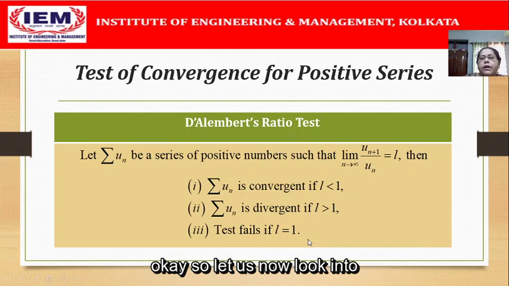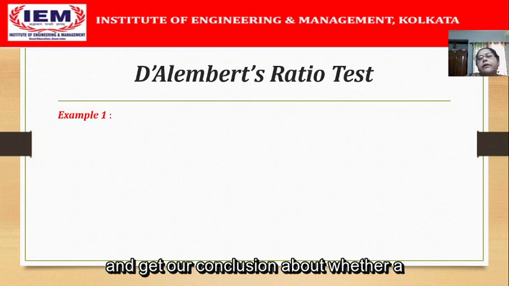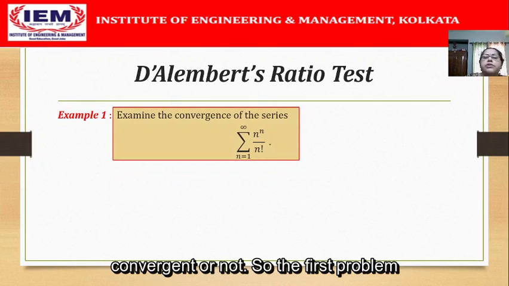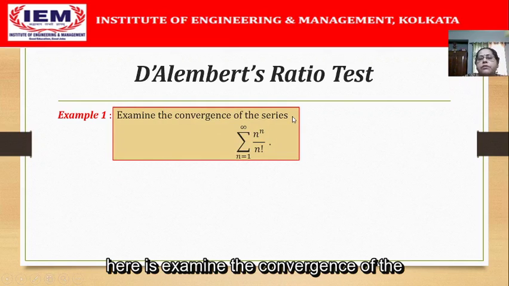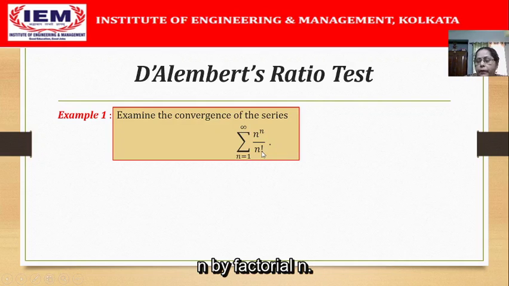Okay, so let us now look into problems to use the ratio test and get our conclusion about whether a given series is convergent or not. So the first problem here is: examine the convergence of the series summation n equal to 1 to infinity n to the power n by factorial n.